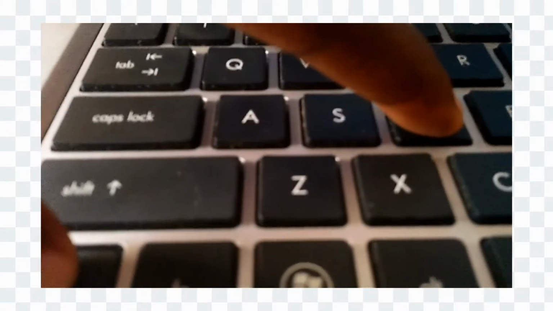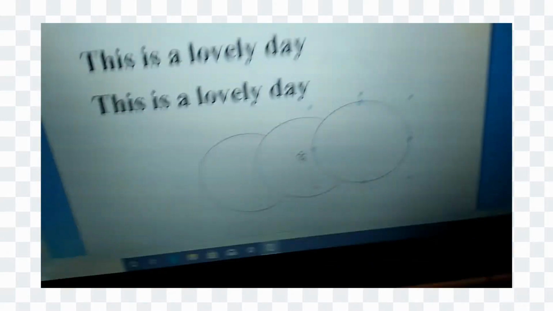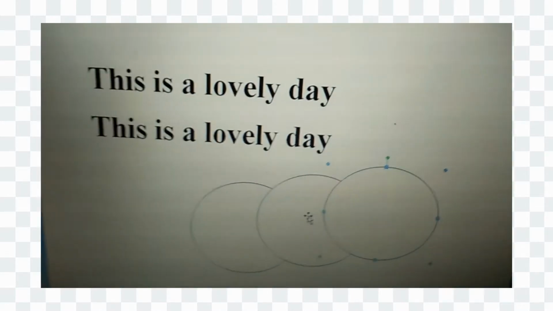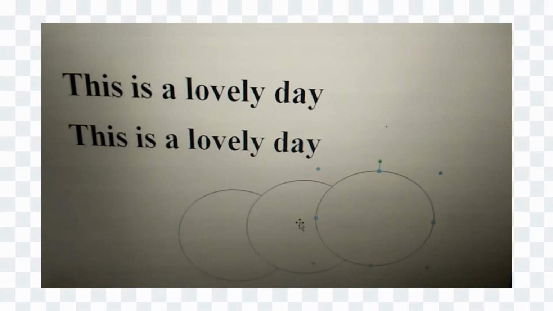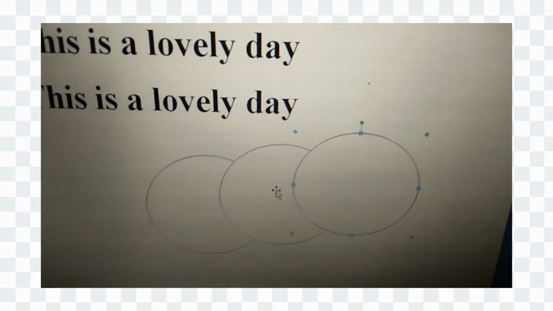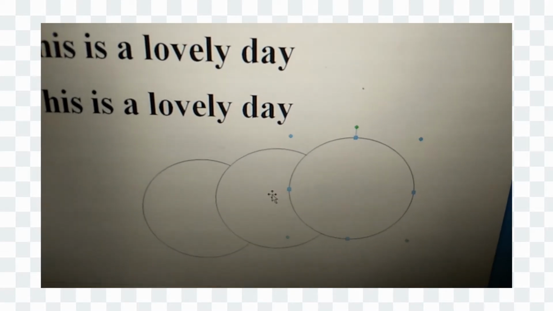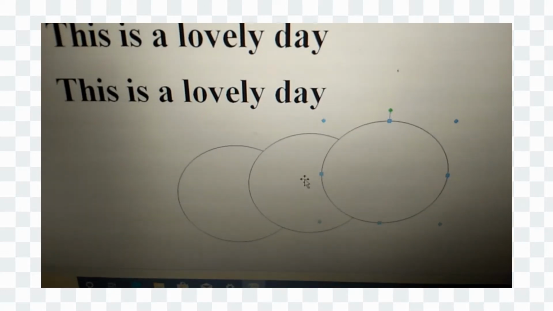And if I press Ctrl plus D again, look at that. So that's the function of Ctrl D. It's used for opening the font window and also for duplicating shapes if you need them double or triple.